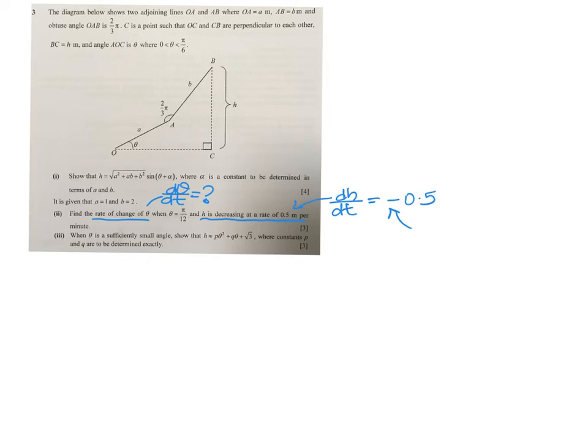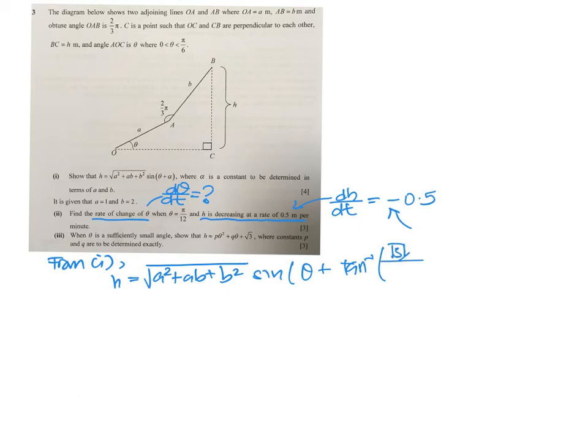So how do we begin this question? First of all, you got to ask yourself, what is the relationship between h and theta? Do we have the relationship between h and theta? Yes, we do, and it's from part 1. So from part 1, we managed to show that h equals square root a square plus ab plus b square sine theta plus tangent inverse root 3b over 2a plus b.